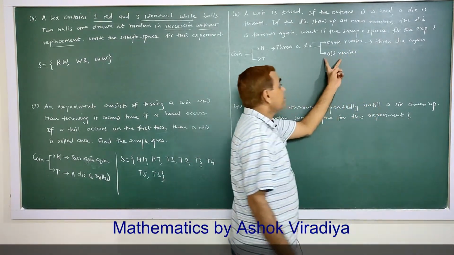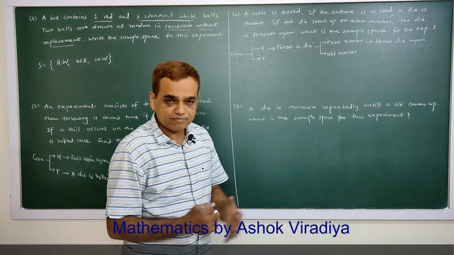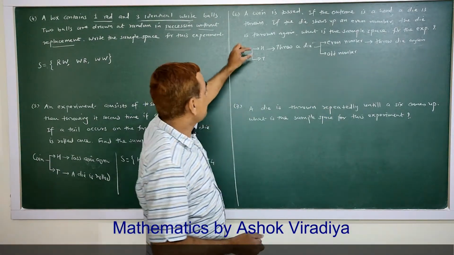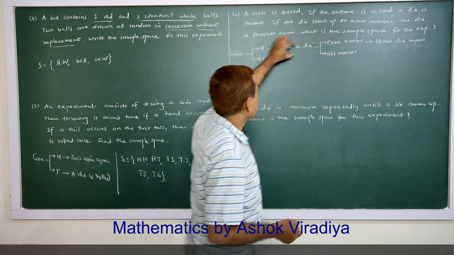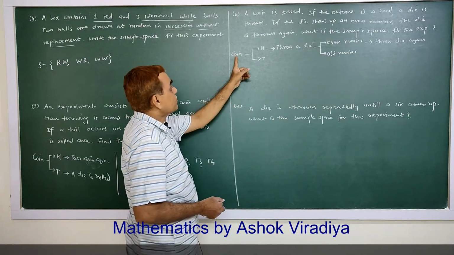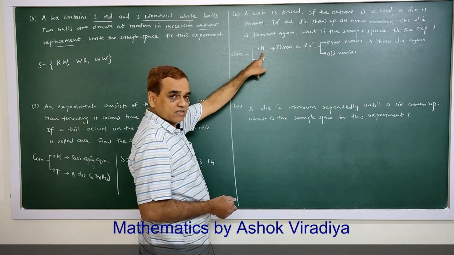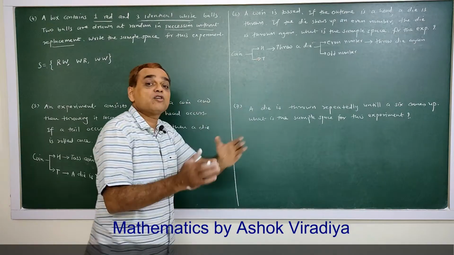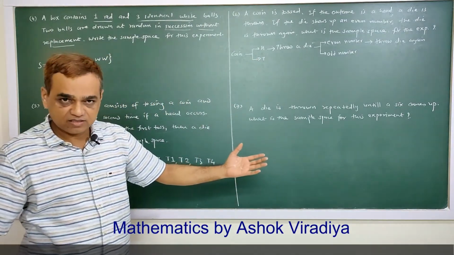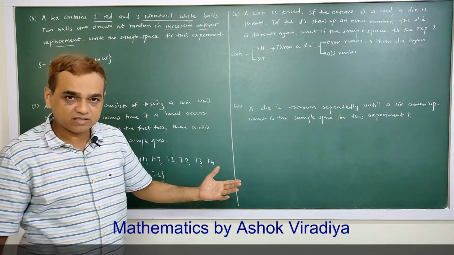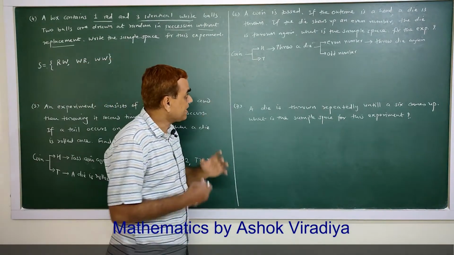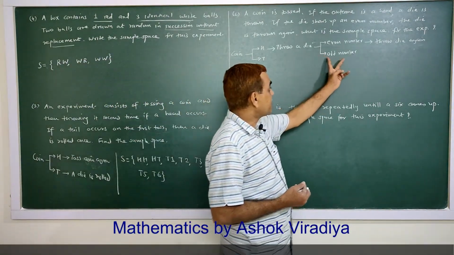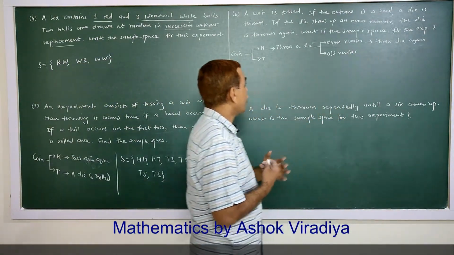But if an odd number appears, don't do anything. And here we are asked to perform this procedure when tossing a coin, H appears. If T appears, don't do anything. The experiment is over. So if T appears, the experiment is over. Here in this section, if an odd number appears, the experiment is over.